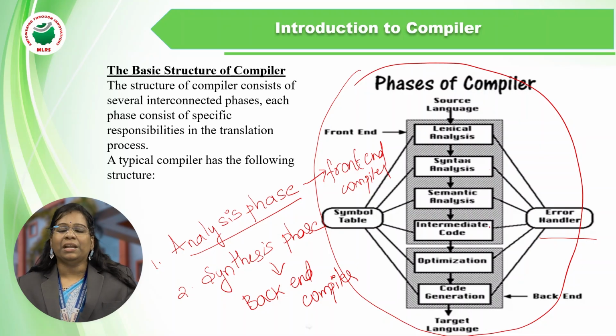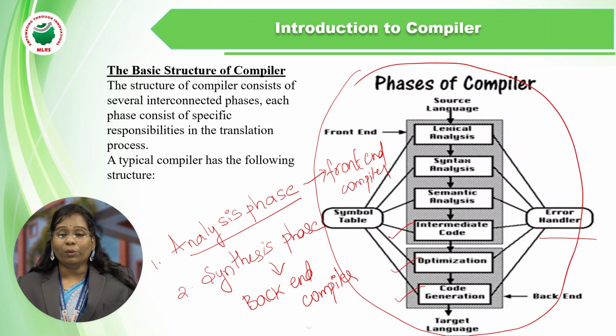The back end contains the intermediate code, code optimizer and code generation. So this is good for 5 marks. The structure of the compiler is divided into two phases, analysis phase and synthesis phase.